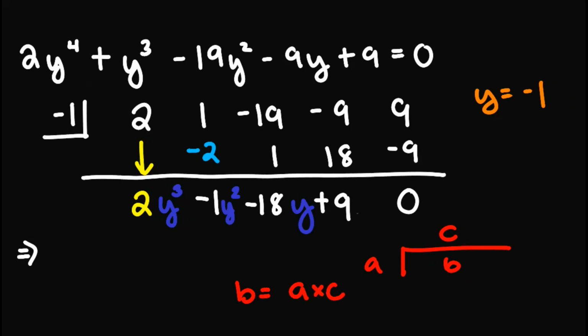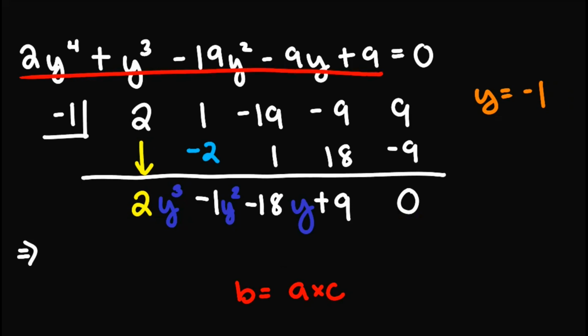So, applying that same idea, we can write the dividend in this case as the divisor, which is y equals negative 1, or y plus 1 equals 0.